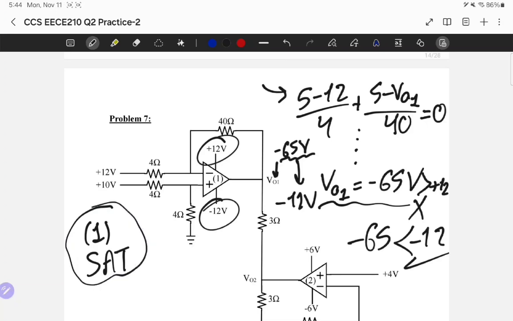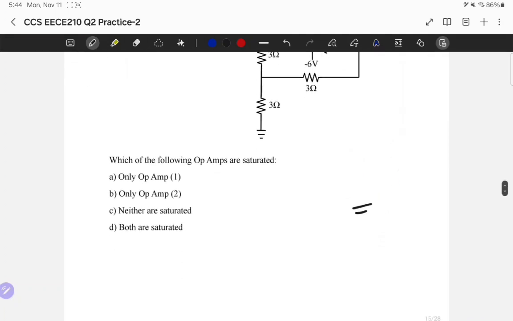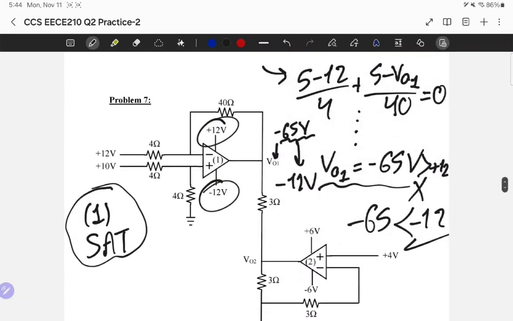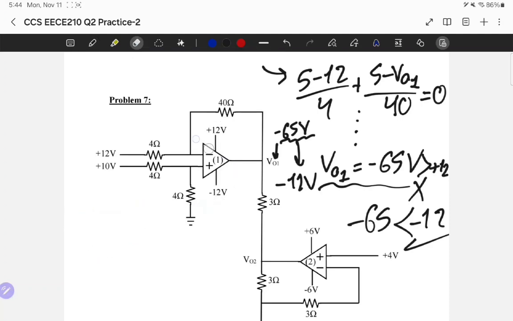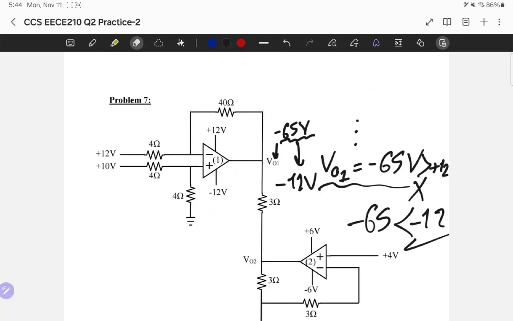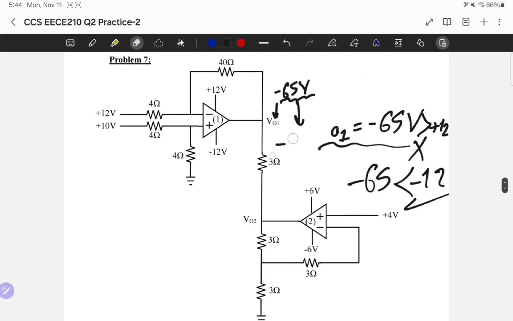So I know for a fact that my answer is either this or this.